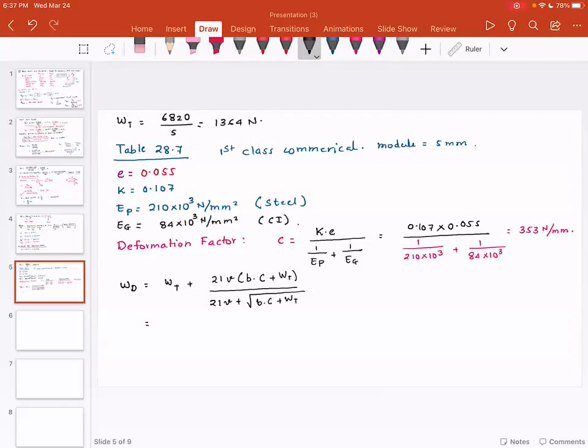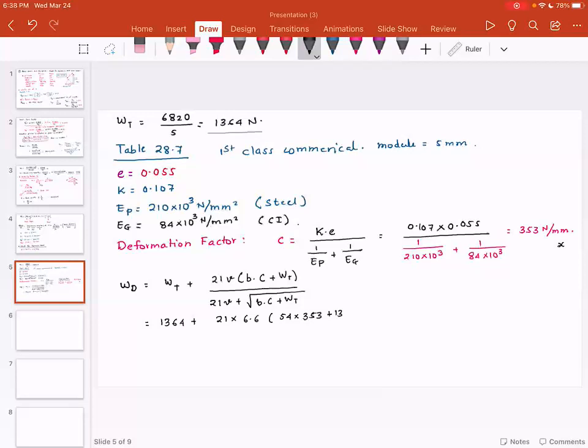Now WT is 1364. So please note value of WT is known. Plus 21 multiplied by V is 6.6. B is 54, multiplied by C is 353. Please note we calculated C over here.